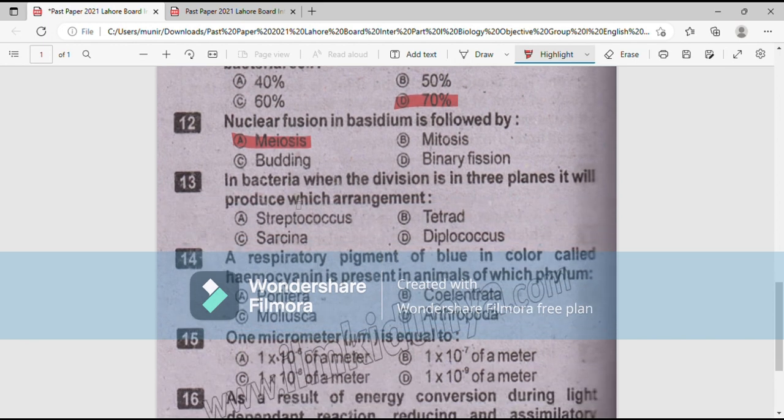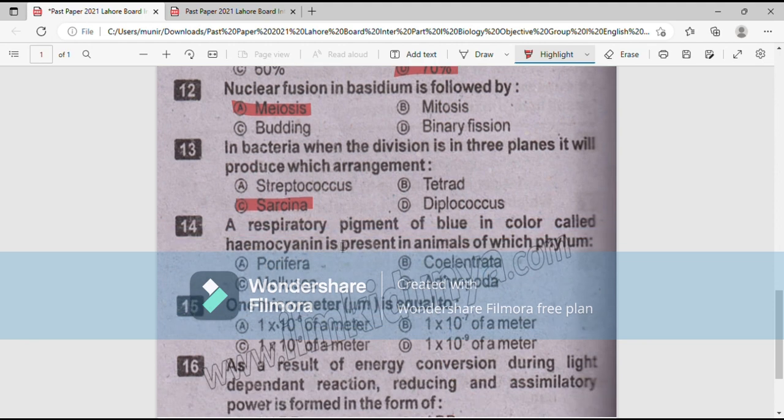MCQ number 13: in bacteria, when the division is in three planes, it will produce which arrangement? The arrangement will be option number C, Sarcina. Sarcina is formed when the bacteria divide in three planes, and it consists of a total of 8 cells.